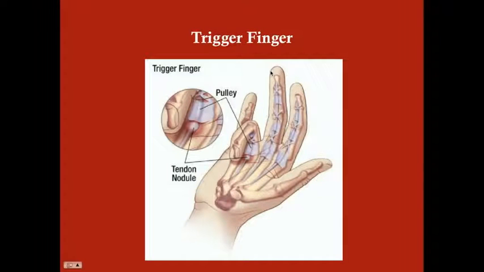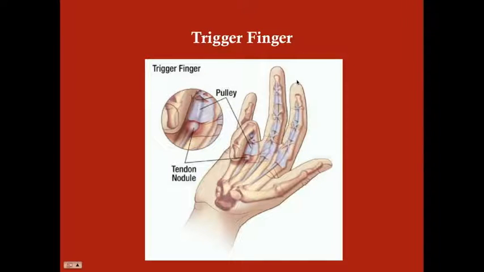Okay, trigger finger. So when you get a trigger finger, what are we dealing with here? Well, we're dealing with the tendons, and we're dealing with these little sheaths that form over the tendons, sort of on each bone. And these sheaths, normally the tendons will slide right underneath them, no problem. When you get an inflammatory nodule, and this can happen for many different reasons, suddenly it's going to become a lot more difficult to slide underneath that sheath.